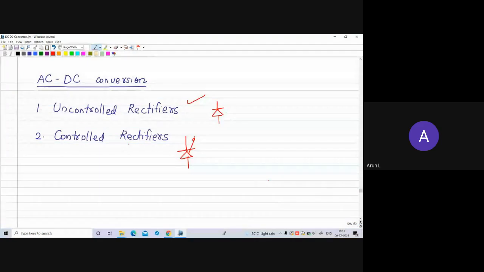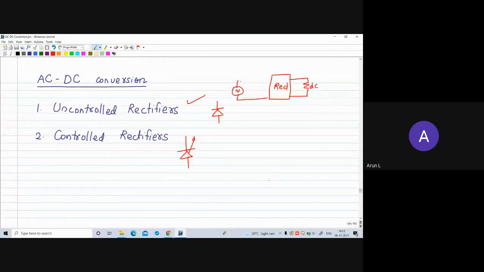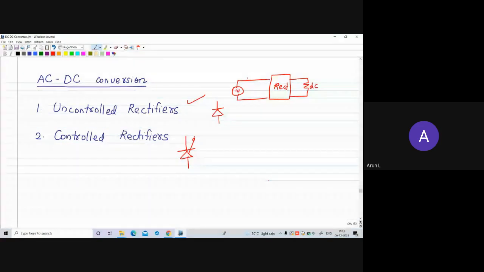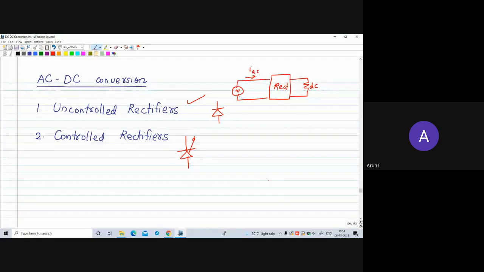Whereas the problem with the uncontrolled rectifier or controlled rectifier is that whenever you have a rectifier which is connected to an AC system, suppose we have a rectifier and a DC load, and we have an AC system here. Then the current drawn from the AC system should be in phase with the voltage on the AC system. Then only you have UPF, unity power factor operation, on the AC side. But unfortunately, for uncontrolled rectifiers, for bridge rectifiers as well as controlled rectifiers using thyristors, the input side power factor is poor in normal condition.